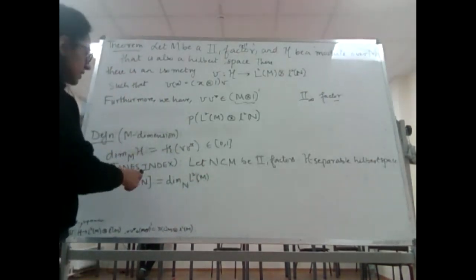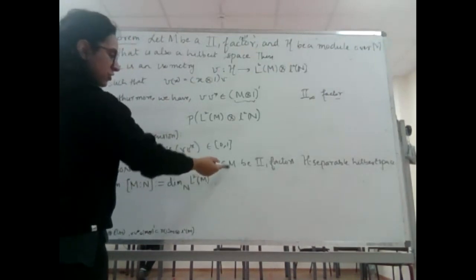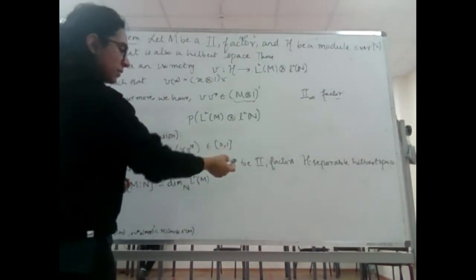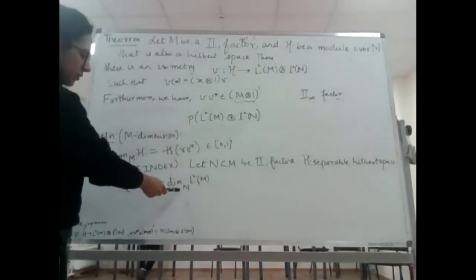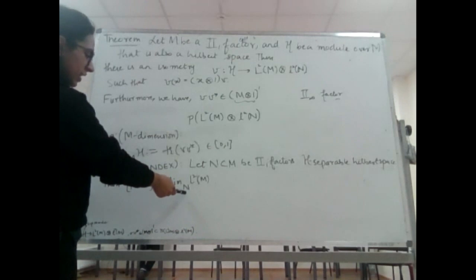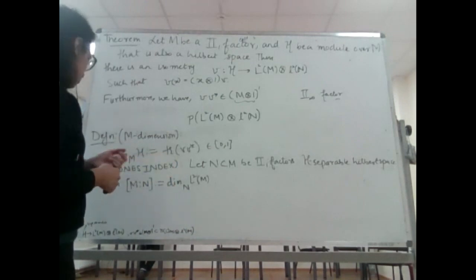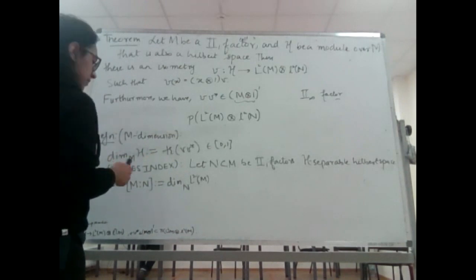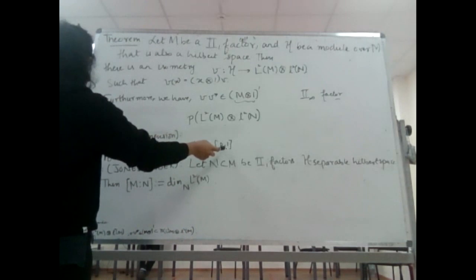The Jones index is defined for two factors, one of which is included in the other, and they're both type II_1. It is the dimension of N, seen relative to the left regular representation of M. And as seen before, this number can be any number that ranges here.